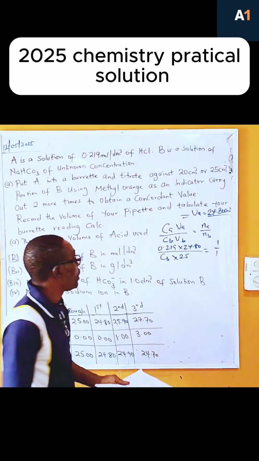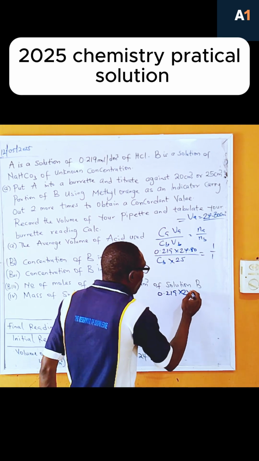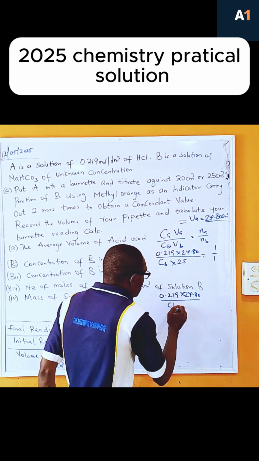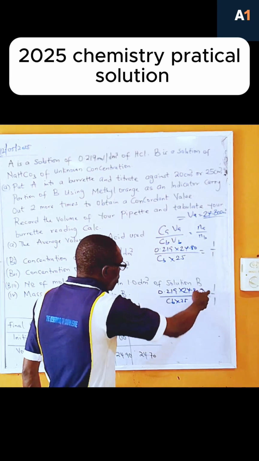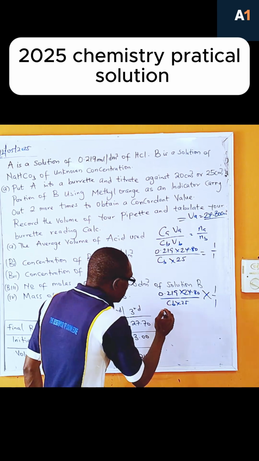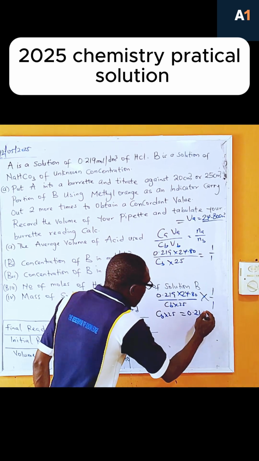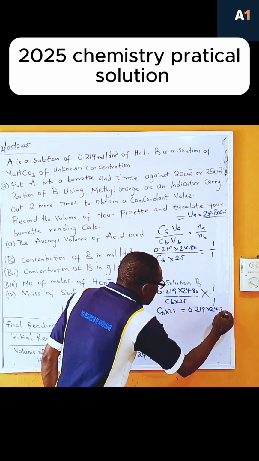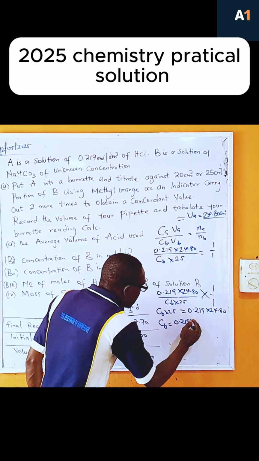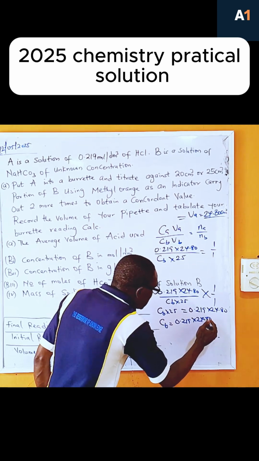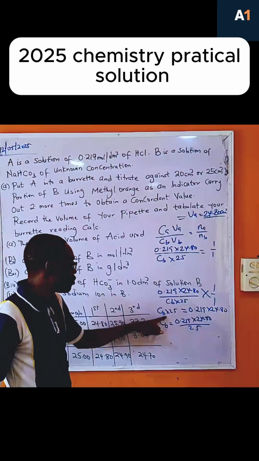We say 0.219 times 24.80 all over Cb times 25, cross multiply 1 over 1. So this one multiplied by this one. We have Cb times 25 equal to 0.219 times 24.80, which gives Cb equal to 0.219 times 24.80 divided by 25. Why? You divide both sides by 25 to get Cb.